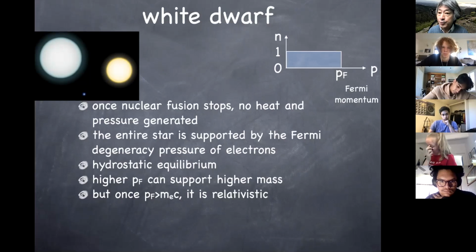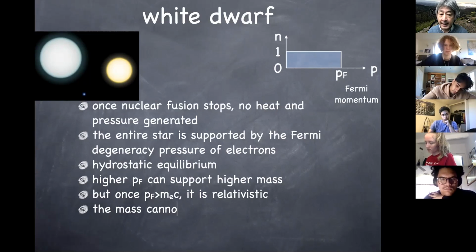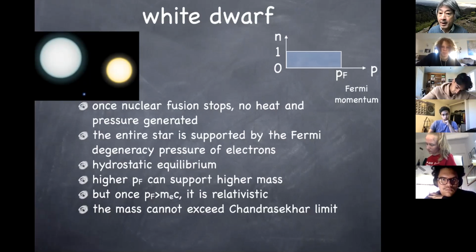So it turns out that you can treat this entire star as a gas of relativistic electrons, where you can ignore the mass of the electron now, and the energy is given by just the speed of light times the momentum. But you still know how to count the momentum states in a given volume. So you can count them up. For each momentum, the energy of the electron is c times momentum.